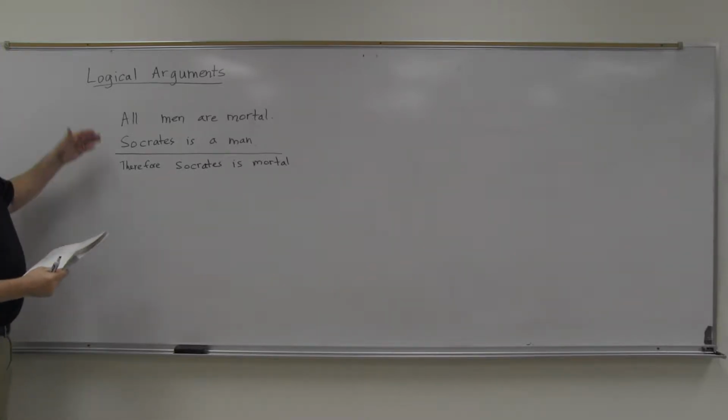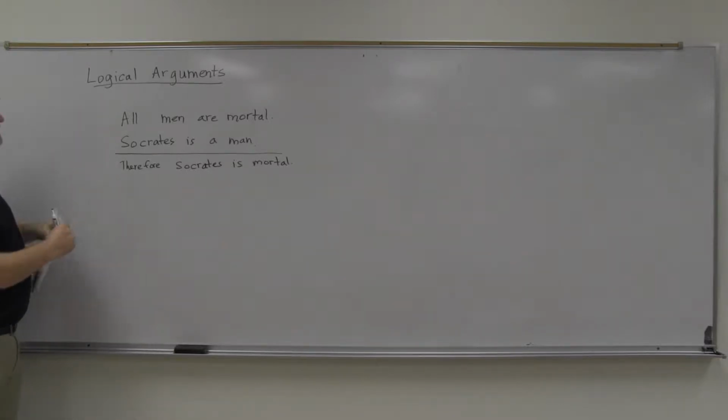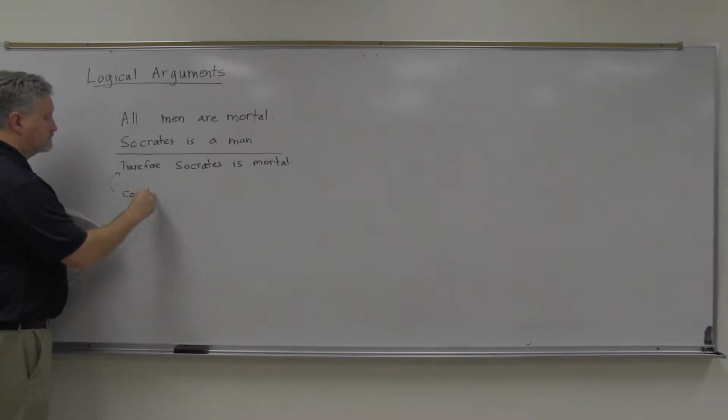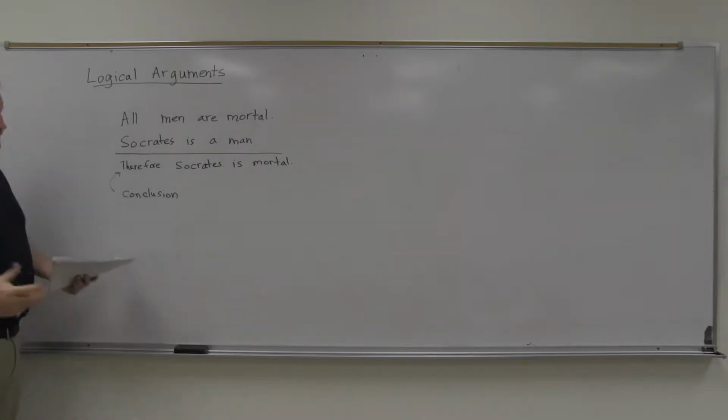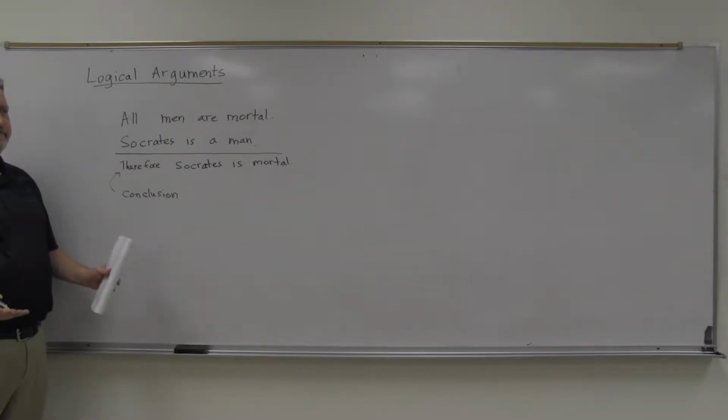Now, the parts of a logical argument. The statements before the conclusion, and obviously this is our conclusion. That's probably fairly obvious. The other two parts, in this case, are what are called premises. The statements before your conclusion are the premises of your argument.